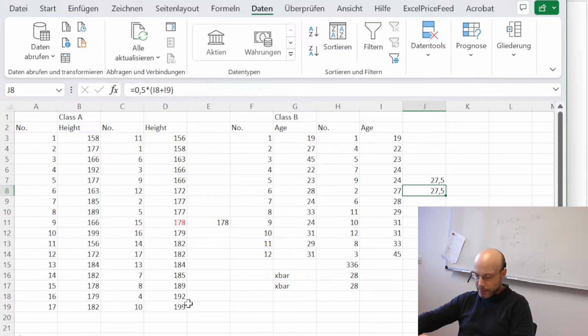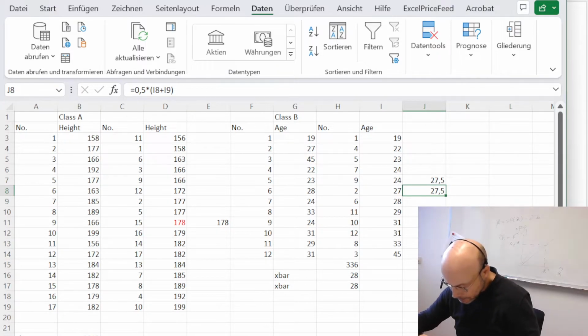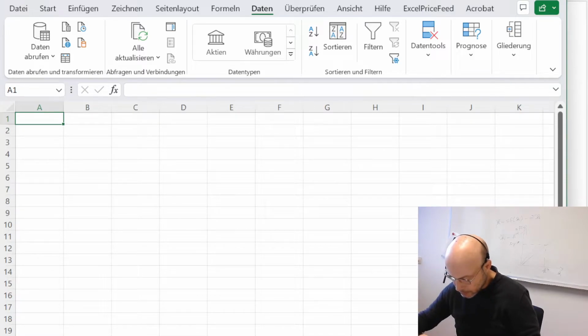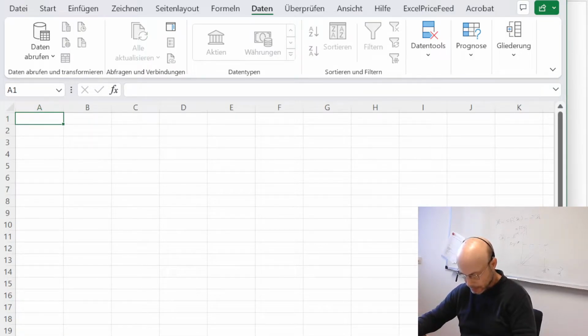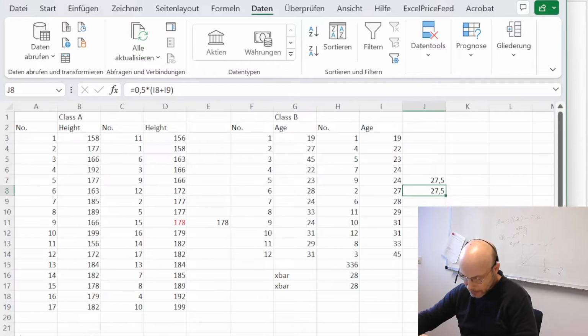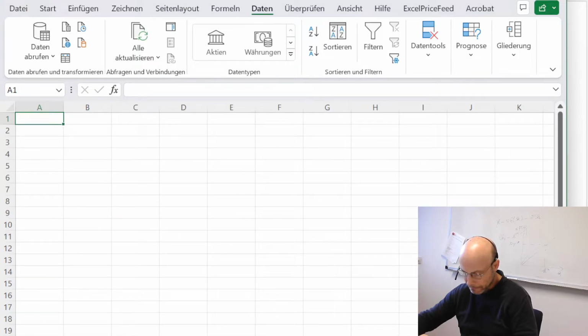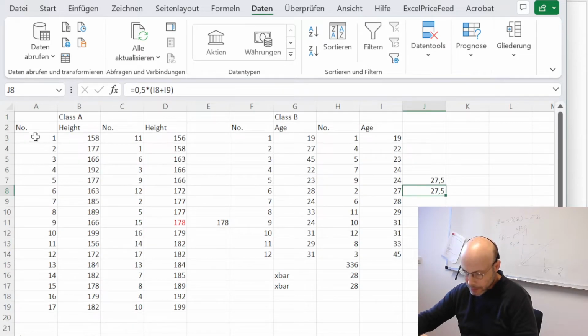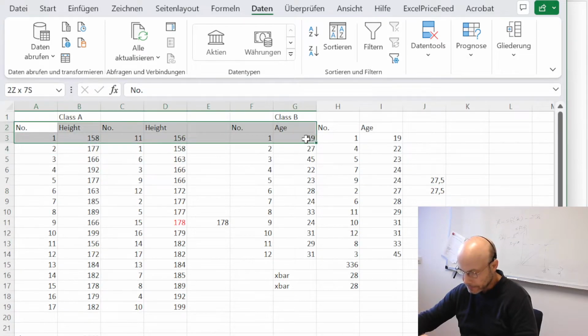Okay, but then we want to go to mean absolute deviation and variance and so on. So let's take a new sheet, 11B. This was 11A. We take the data from here.